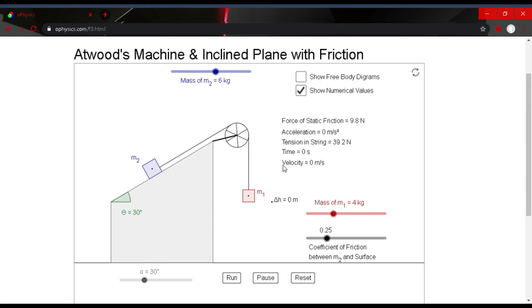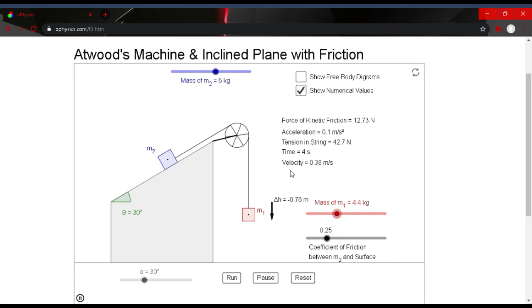So if you want to find the value of both, all you have to do is increase the value of M1. As you can see right here, we get the acceleration is 0.1 meter per second squared.